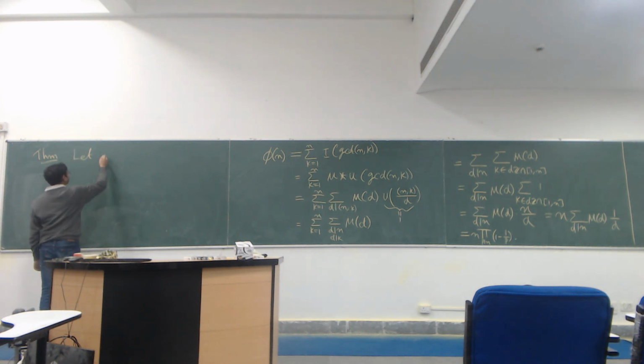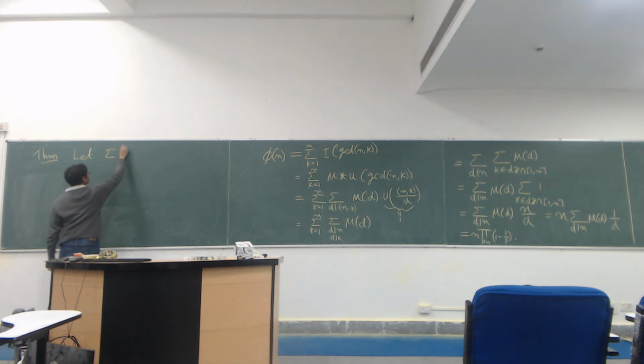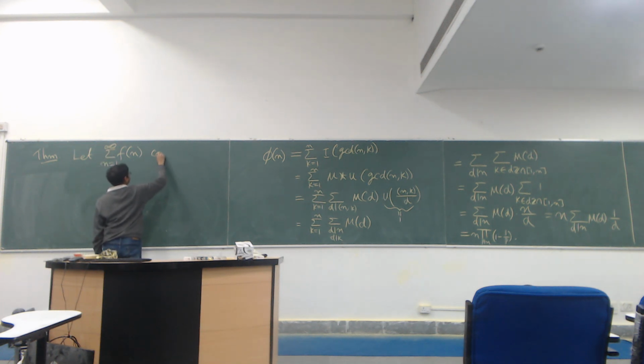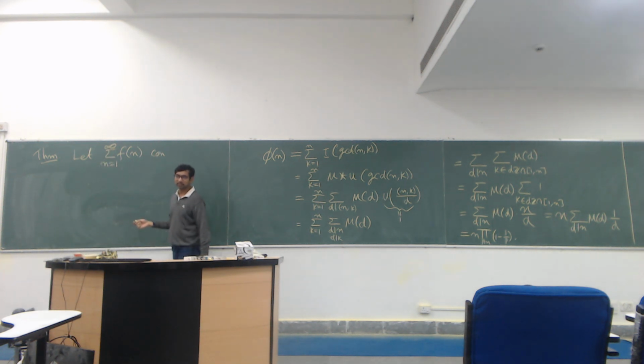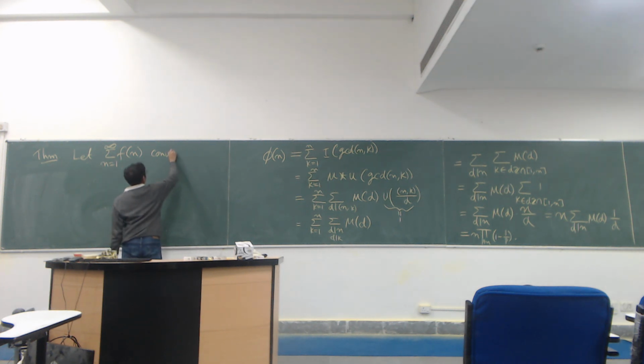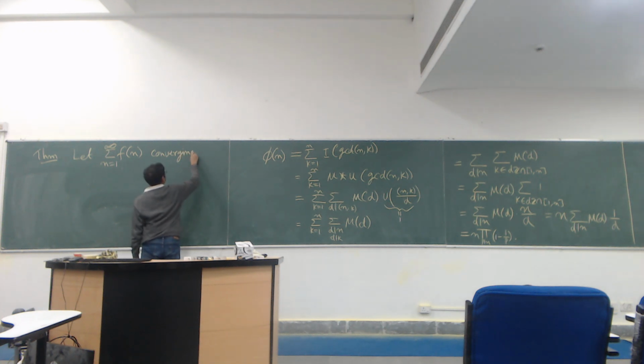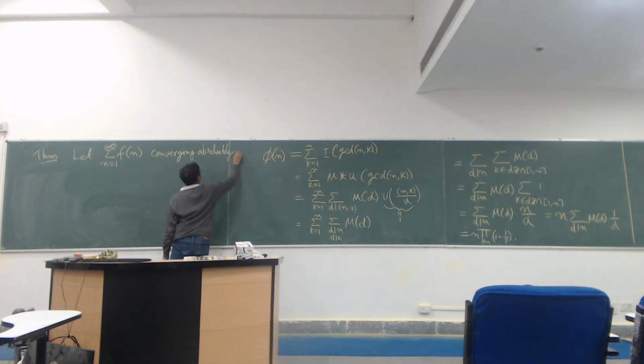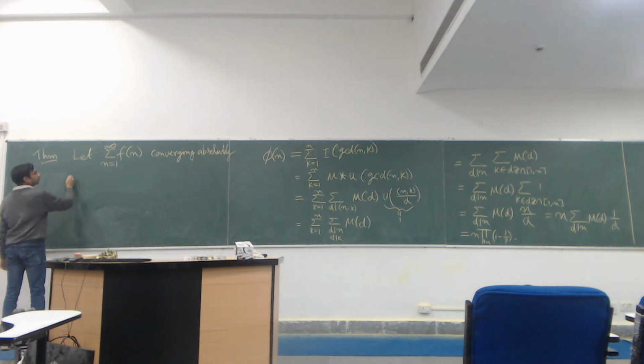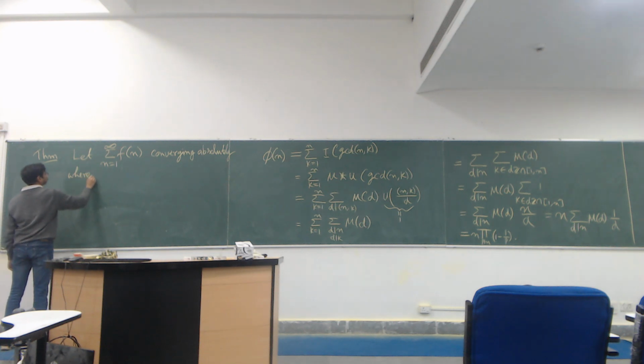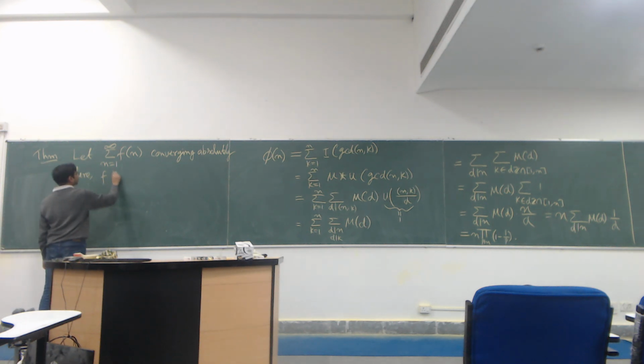Let the summation with n running from 1 to infinity be 1 by this. So before starting the Dirichlet series, suppose we have such a series which is converging absolutely, where f is multiplicative.